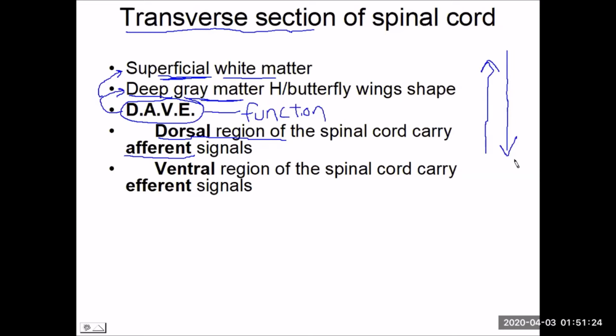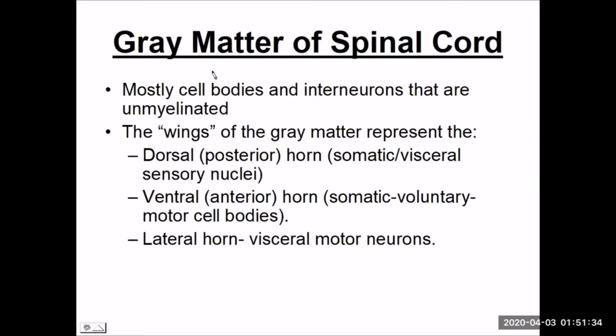So now we'll go ahead and take a look at the details of the different sections of gray matter, as well as the different sections of white matter. So the gray matter, the deeper portion of the spinal cord, and again, just as a refresher, gray matter is largely a collection of the nerve cell bodies, the portion that contains the nucleus, as well as complete interneurons.